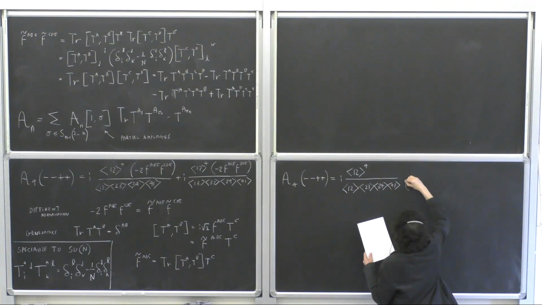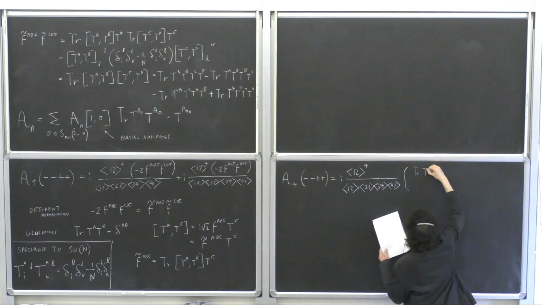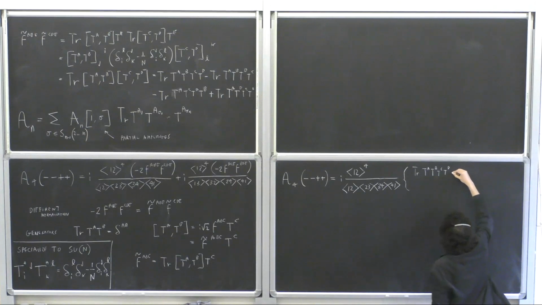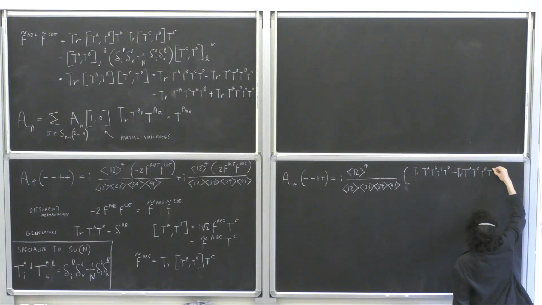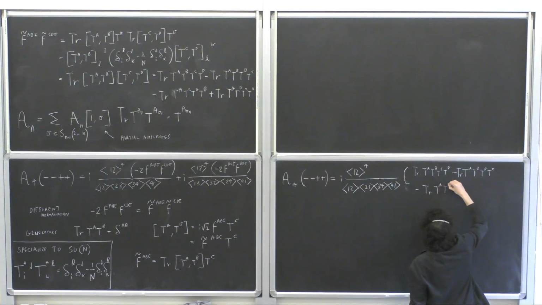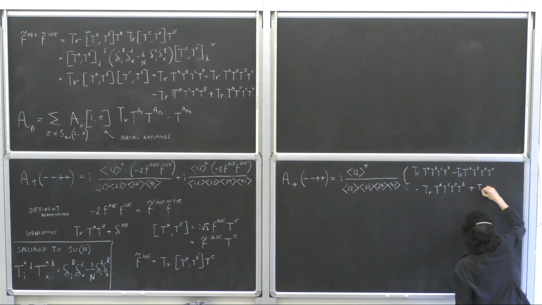And here we have a bunch of traces. So these are the traces which were written before. Trace of TA, TB, TD, TC, minus the trace of TA, TC, TD, TB, plus trace.